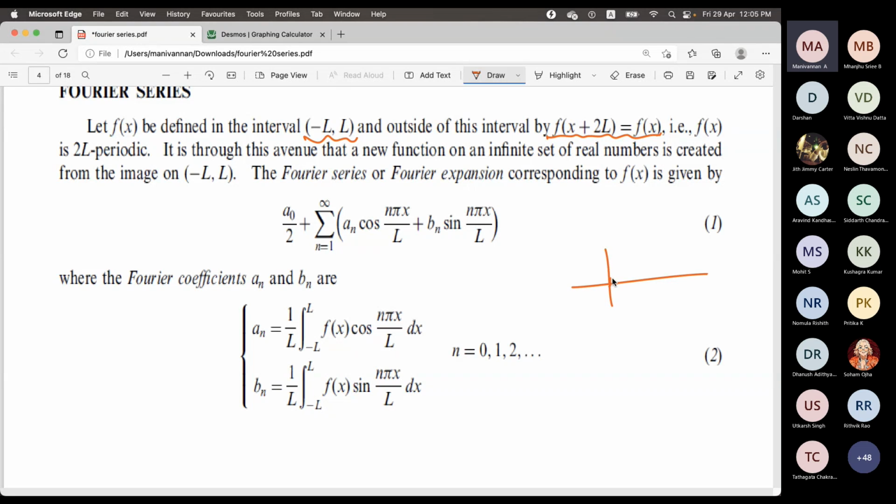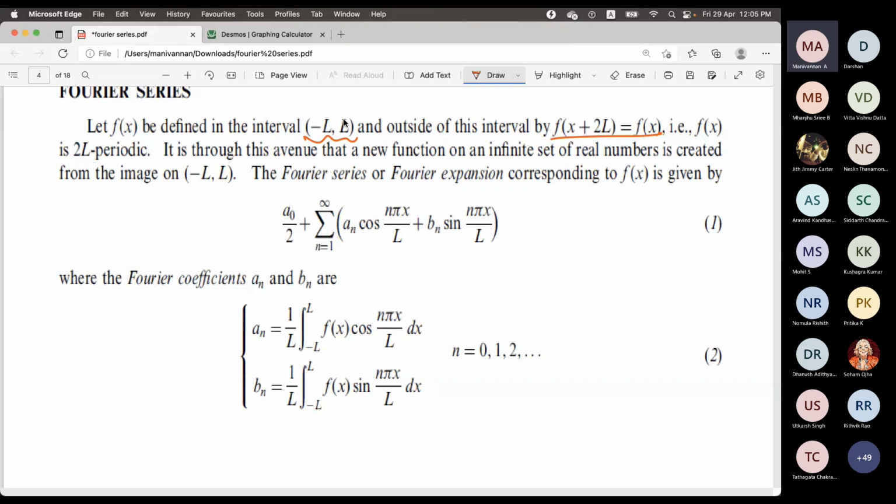Suppose this is my function from 0 to a, then the same structure is repeated from b to c, outside of this interval also maintaining the same structure. That's why it is called periodic. Is it clear?